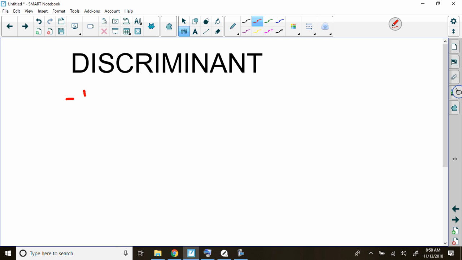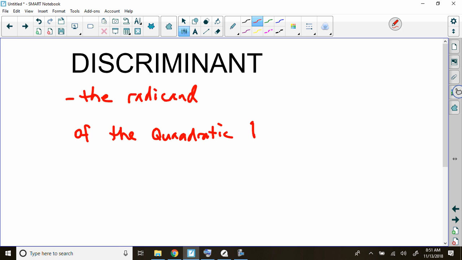And all the discriminant is the radicand of the quadratic formula. Now, somebody might say to themselves, "Self, I have no idea what he just said." And they're lying. They have somewhat of an idea. They know what the quadratic formula is, but just might not know what the word radicand means.